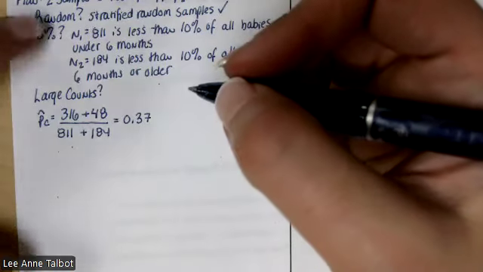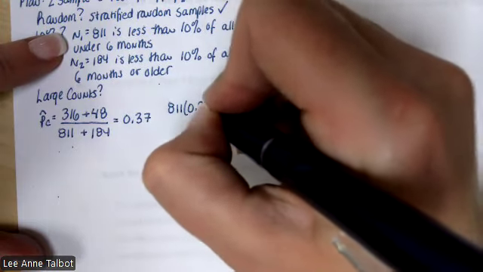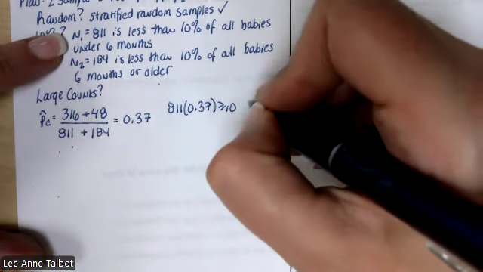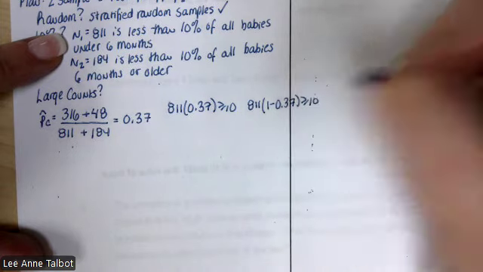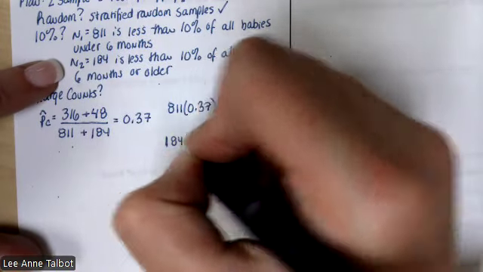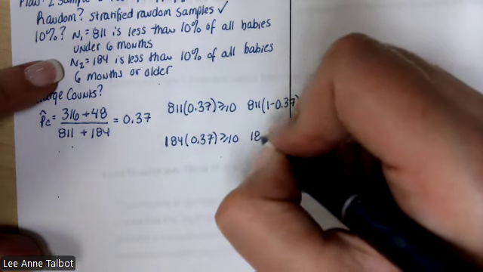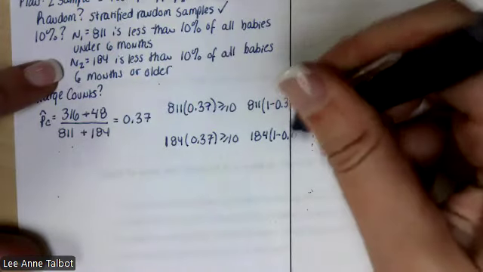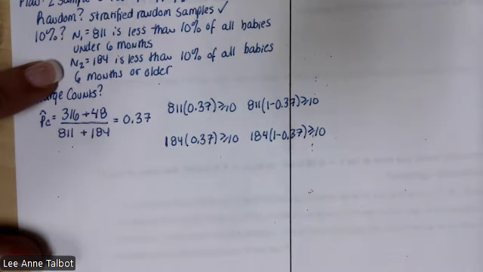Okay. So, sample one: n times p-hat combined greater than or equal to 10. n times 1 minus p-hat combined greater than or equal to 10. Second sample: n times p-hat combined greater than or equal to 10. n times 1 minus p-hat combined greater than or equal to 10.